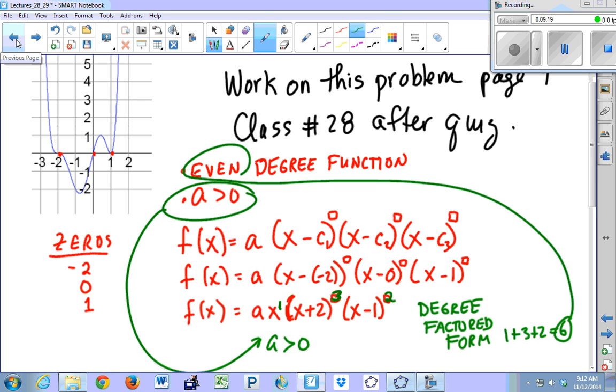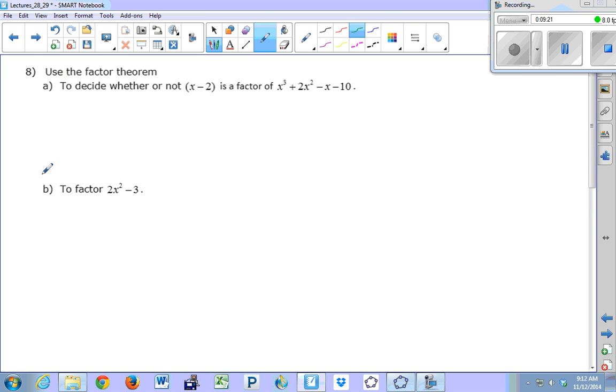Before we do that, I'd like to go back and talk to you a little bit about 8b. We did 8a the other day, and we discovered that 8a was not a factor. X minus 2 is not a factor of this polynomial, but we never got to finish this. And so this is where we can start to put together our ideas and see if we're really getting what's going on. So it says to use the factor theorem to factor this.